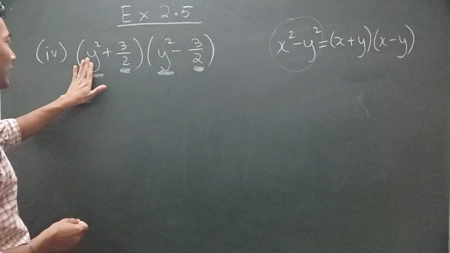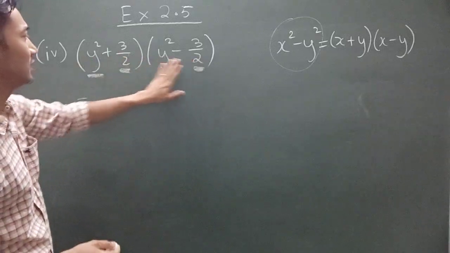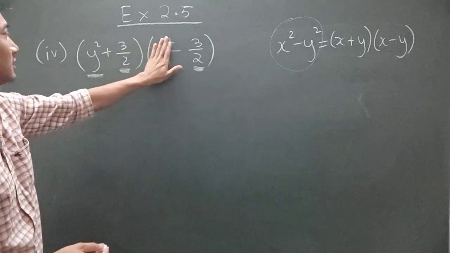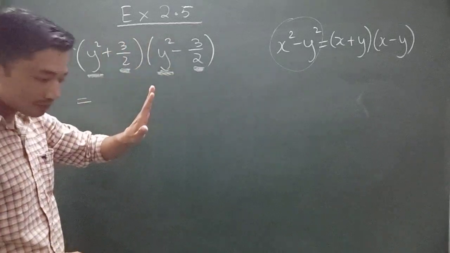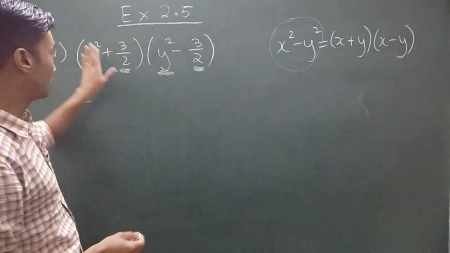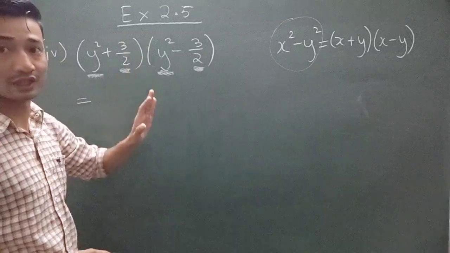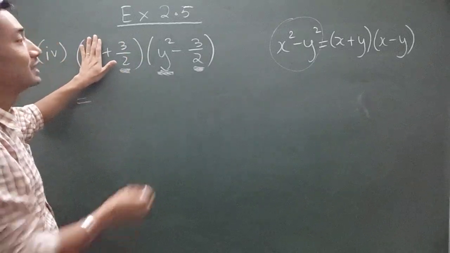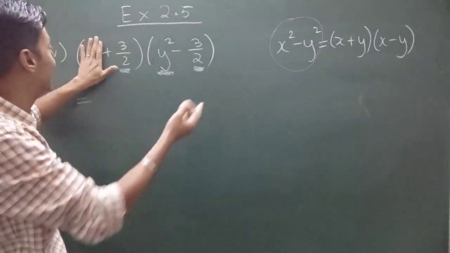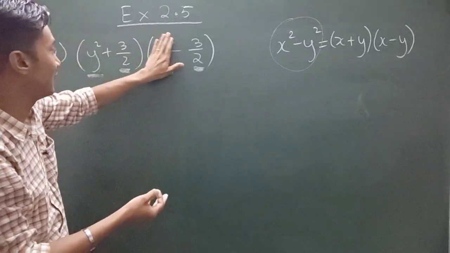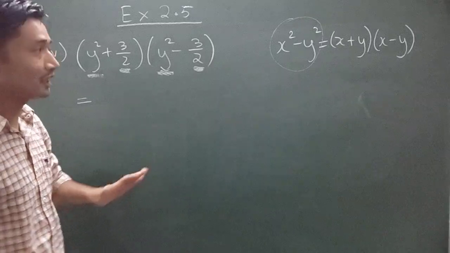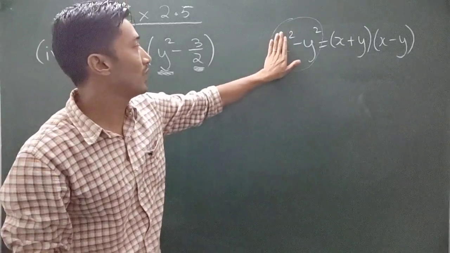So a plus b into a minus b, or x plus y into x minus y, because the terms are same. Of course, you might be thinking that this is not x, why is he saying that it is x. I'm just saying that these two terms are same, comparing with the standard form. So same, same, plus, minus. That can be written as square minus square.